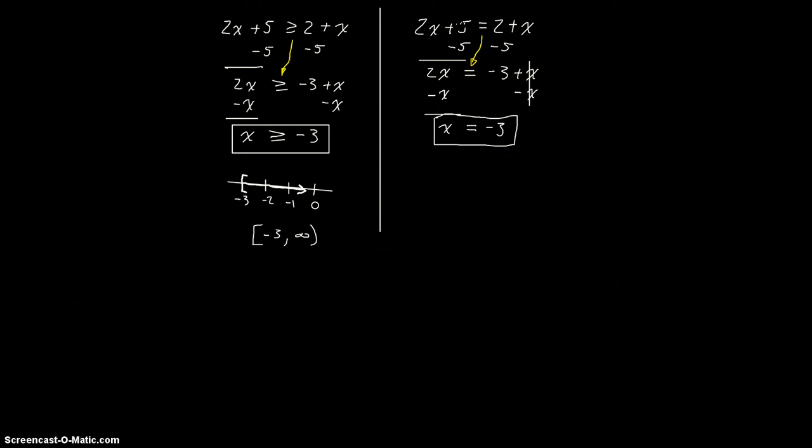Now it's not really a problem, but it is a little problem in that you must remember one thing about inequalities. Something happens when we multiply by a negative number. So let's look at multiplying by a negative.